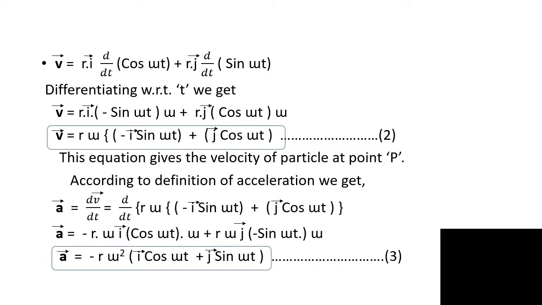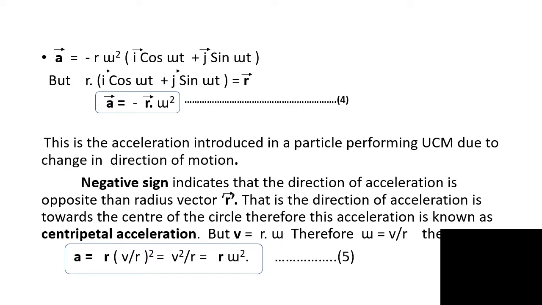But from equation 1, r into i bar cos omega t plus j bar sin omega t is nothing but r bar. Therefore, the same equation can be written as a bar equal to minus r bar into omega square, or minus omega square r bar. This equation gives the acceleration introduced in a particle performing UCM due to change in direction of motion.